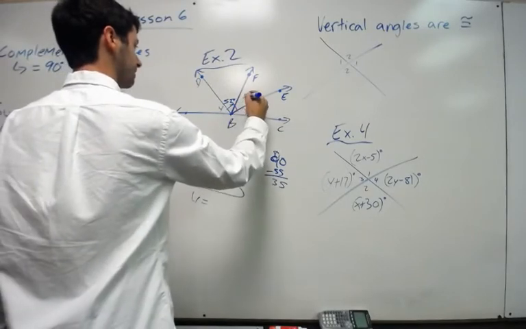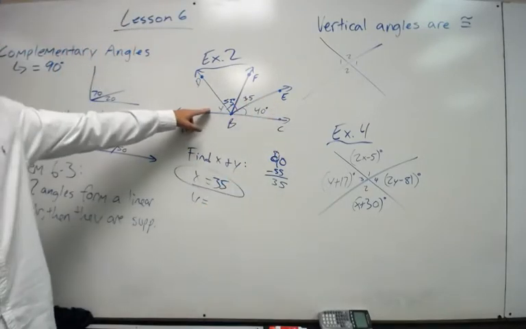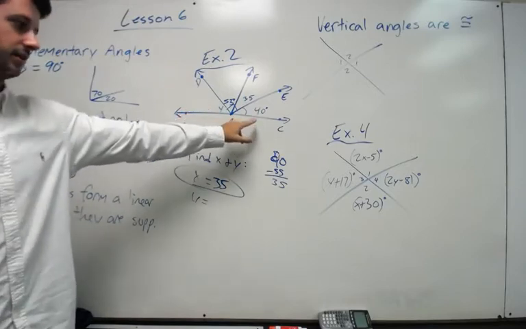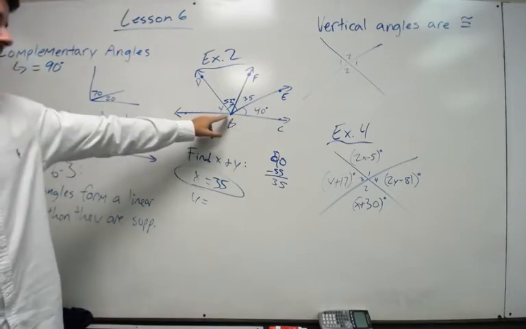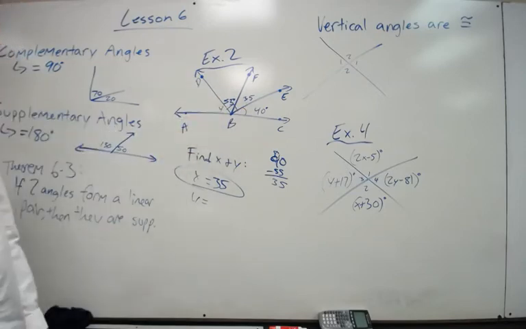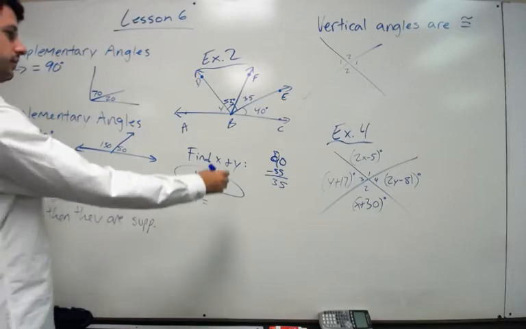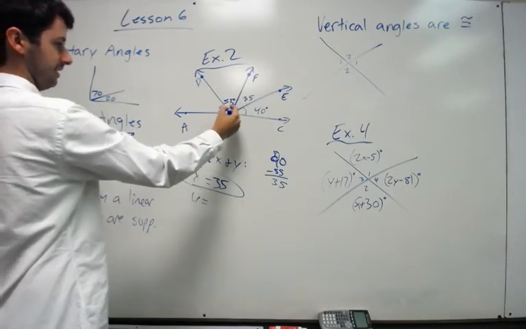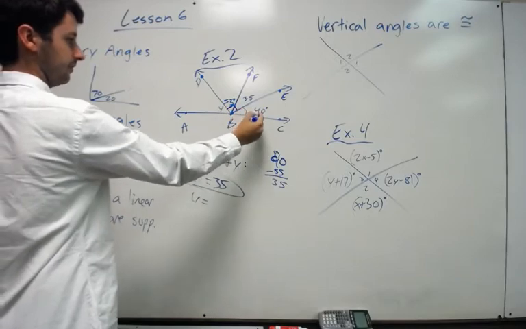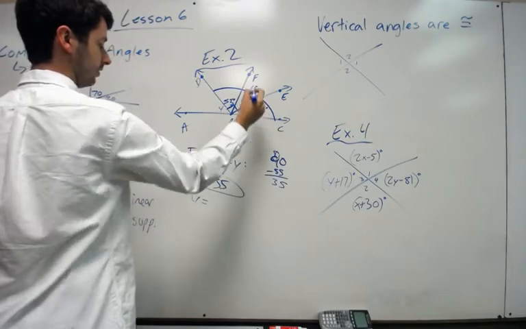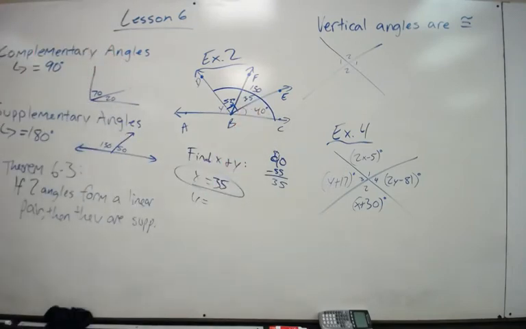Now we just need to find y. Well, you can probably figure it out that this is a straight line, so we know that all these angles combined will be 180 degrees total. So right now we have 55 plus 35. We already know that that's 90, plus 40. So all of these angles combined are actually 130 degrees.